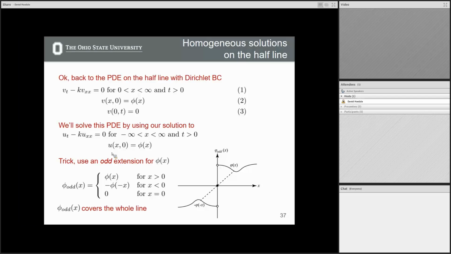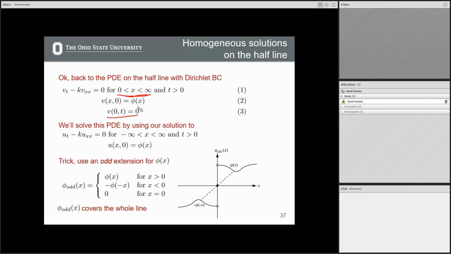We can then apply this to some of our problems here. So this is going back to the PDE that we're going to look at. This is the diffusion equation. It's on the half domain, or half infinite domain, going from 0 to infinity. And we're now imposing the Dirichlet boundary condition on this. So we're saying take a rod that's of half infinite size, ranging from 0 to infinity.